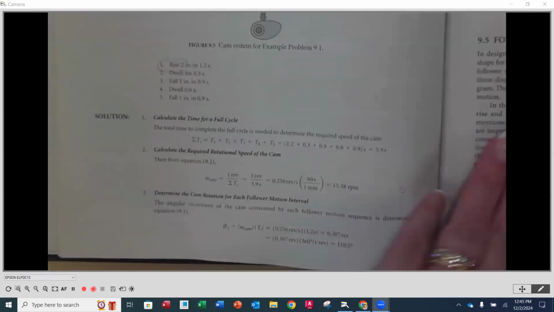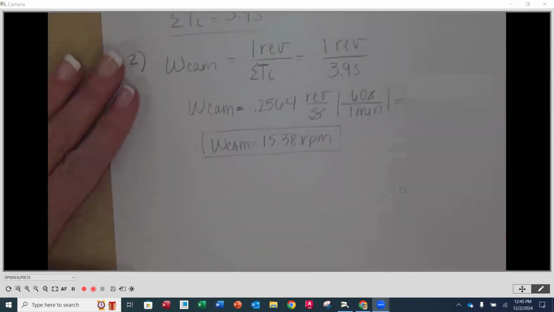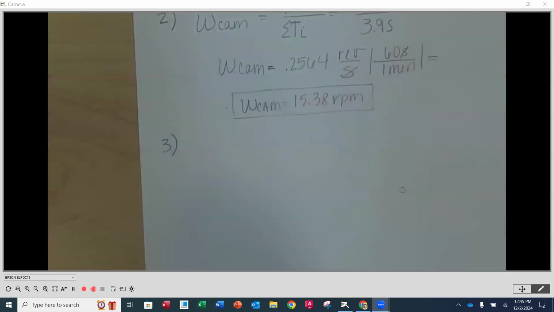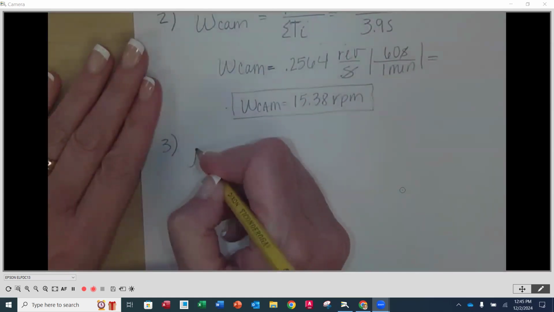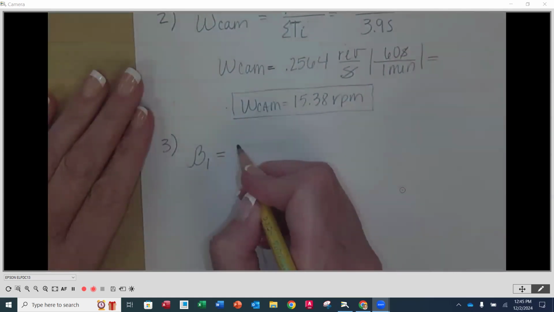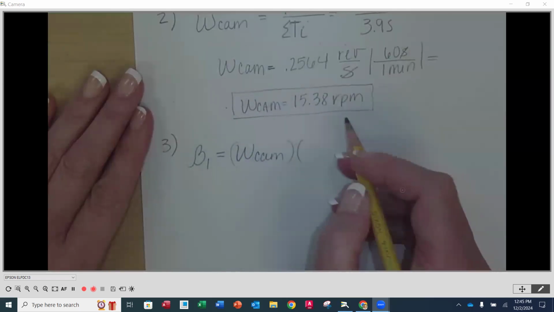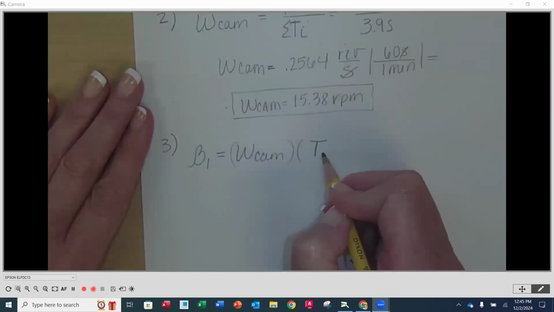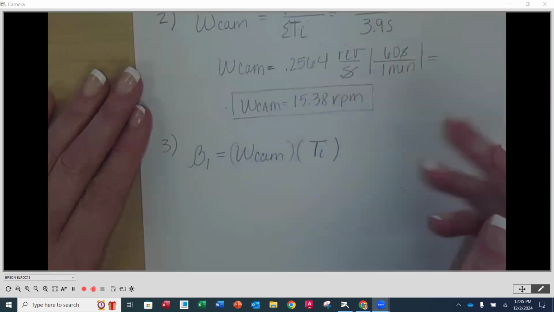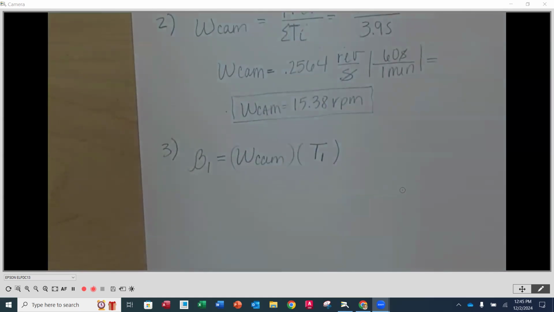So if I go back underneath here, my step number 3 is going to be determine the cam rotation for each one of the follower intervals. So step number 3, okay, I'm going to calculate out what is my beta 1, right? My beta 1 is going to be calculated using the angular velocity of my cam, okay, times the corresponding t, and actually, because it's beta 1, it would be t1, all right?